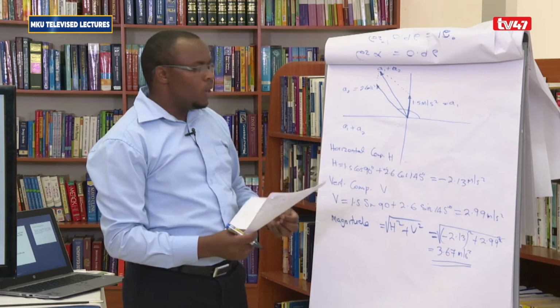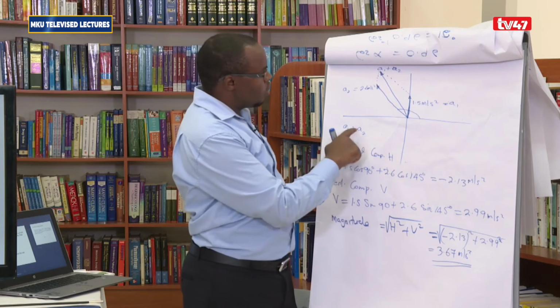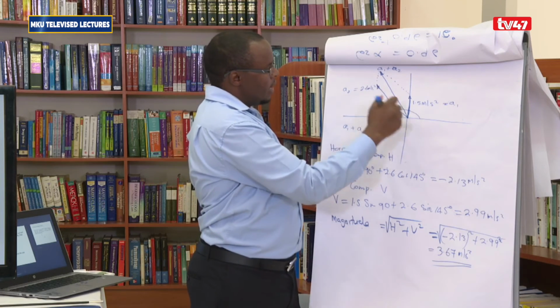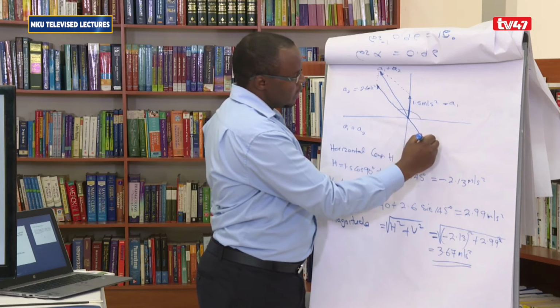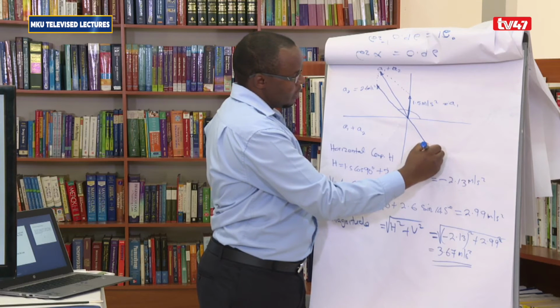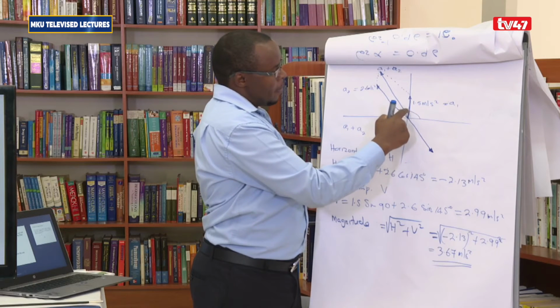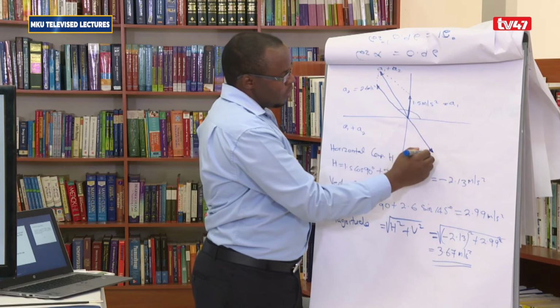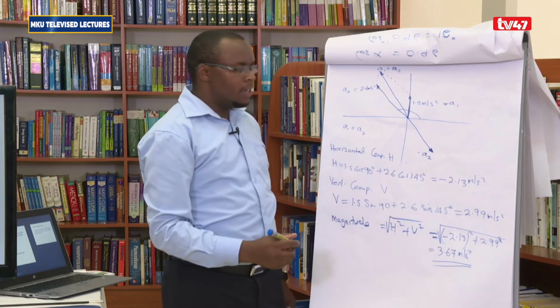and we get the negative A2, this was A1, so negative A2 is going to move in the opposite direction with the same magnitude, so it's going to be somewhere there. So this is going to be A1 minus A2, so this is going to be our negative A2. So that is our negative A2.